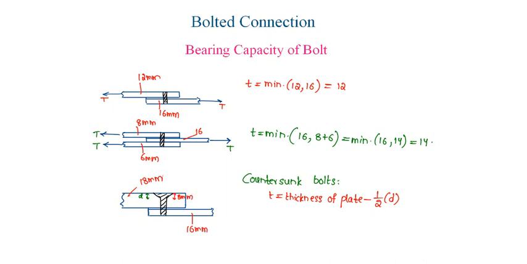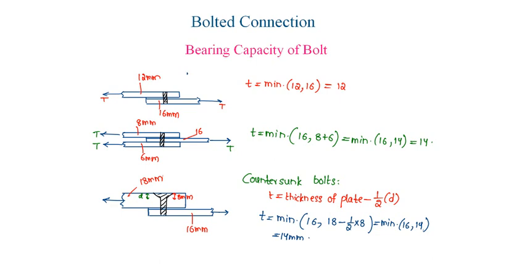Then t will be the minimum of, in one direction the thickness is 16 mm, whereas in the other direction it is countersunk, so 18 minus half of the countersunk depth 8, that is the minimum of 16 and 14 mm, so the least is 14 mm.